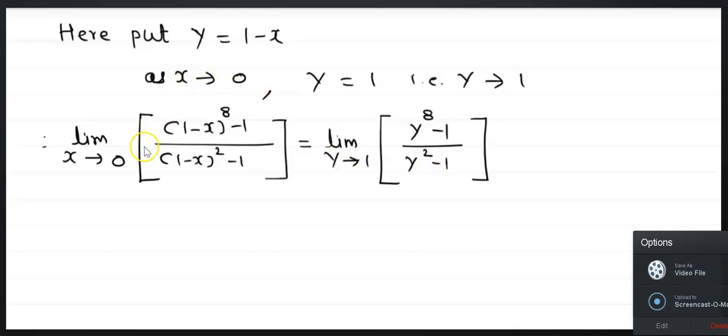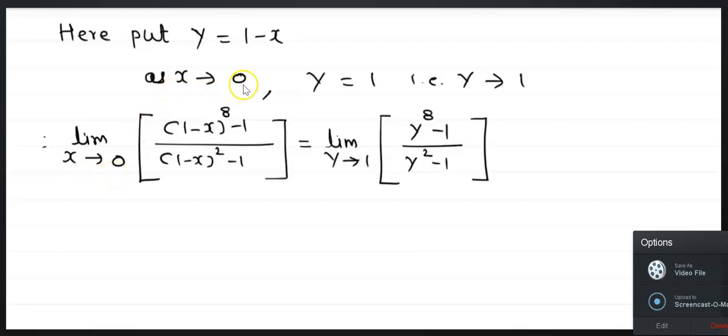But again, as we are changing the variable, means what? Here it was x everywhere, and now here it is y. We are changing the variable. When we change the variable, at the same time we also change the limit. What is the limit here? The limit is x tends to 0.